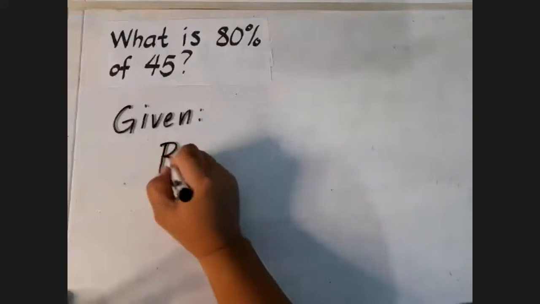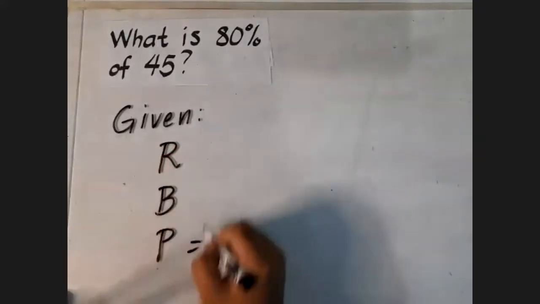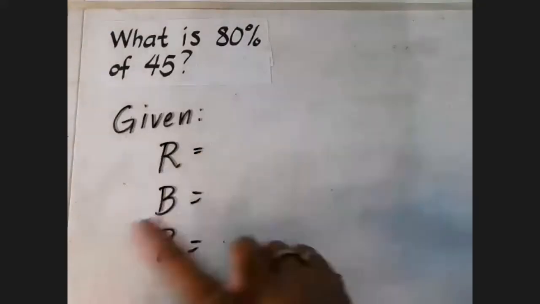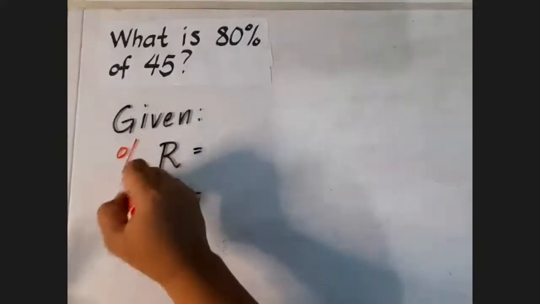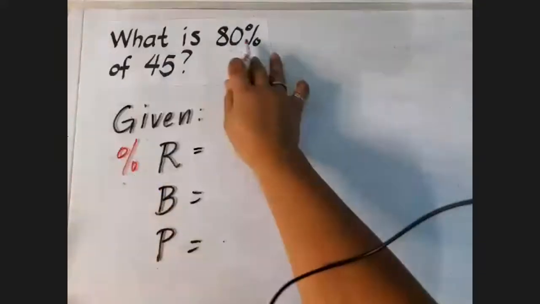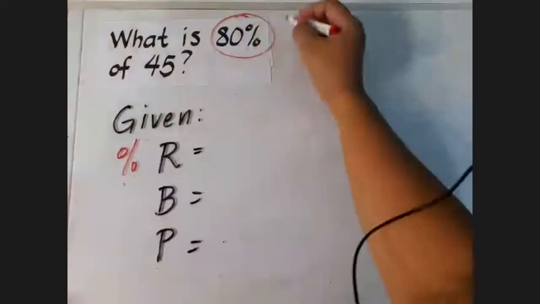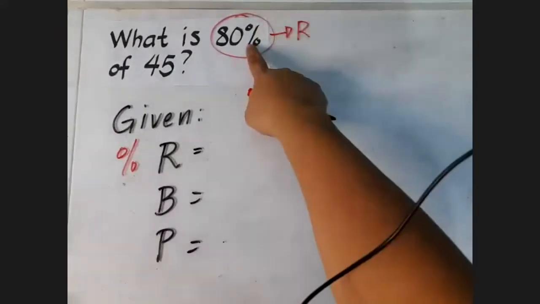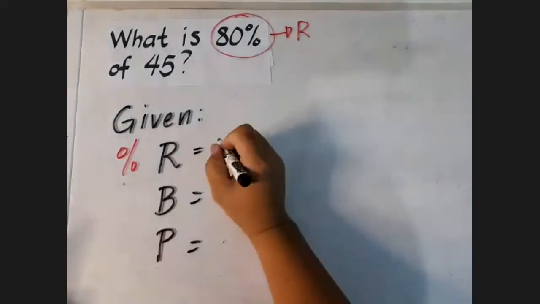Unahin natin yung rate and then base and then percentage. Okay, dahil yung rate ang pinakamadali, yun ang una nating identify. Ang usapan natin, yung rate has the percent symbol. So, dito sa problem natin, alin ang mayroong percent symbol? Yung 80%. So, this is the rate. So, dahil may percent symbol siya, lalagay natin siya dito. 80%.